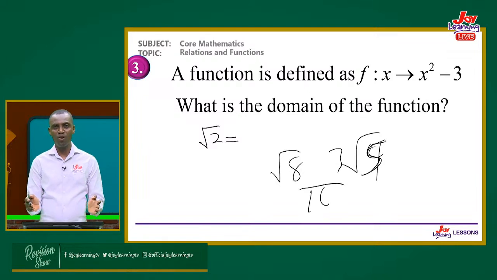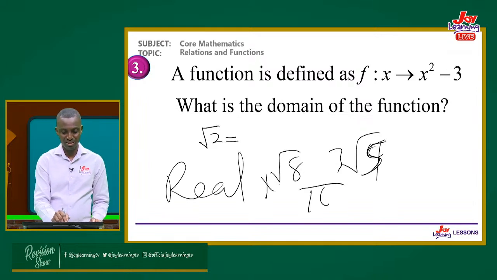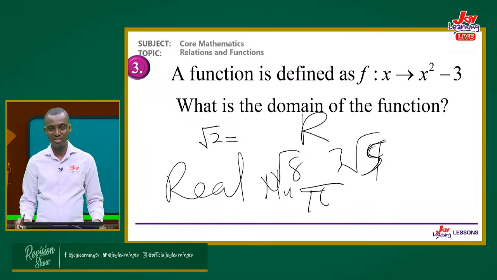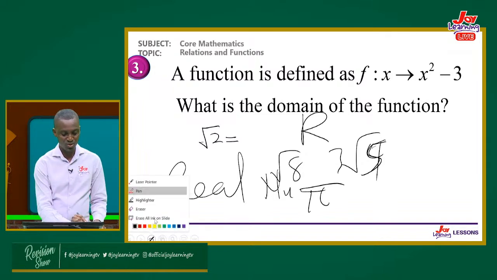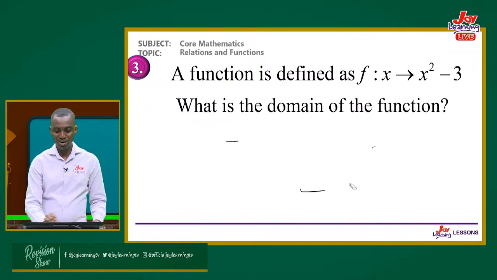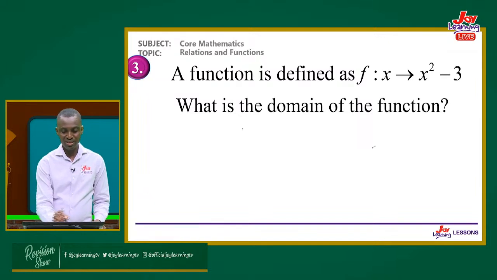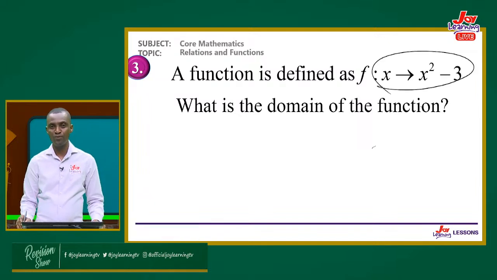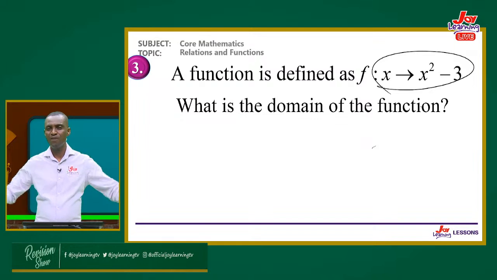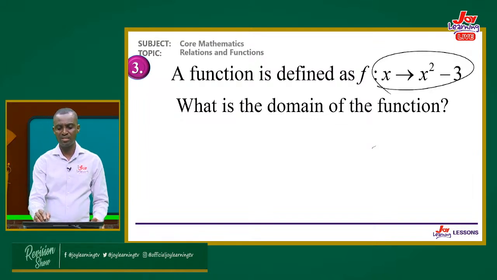Now, when we bring all these irrational numbers together with the rational numbers, then we create what we call real numbers. And for the real numbers, we always use capital R to represent them. So real numbers comprise all the rational numbers and all the irrational numbers, so that if we are saying the domain of this function, we are looking at a set of numbers, a big range of numbers that will satisfy this particular statement.